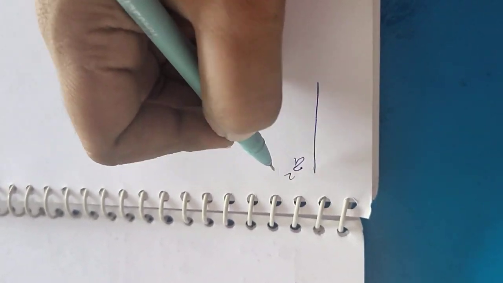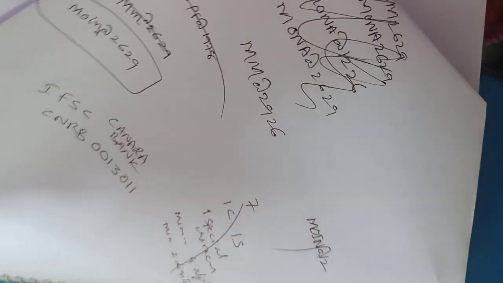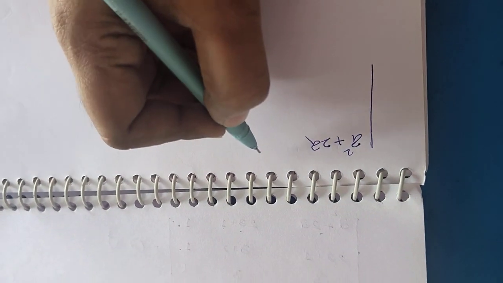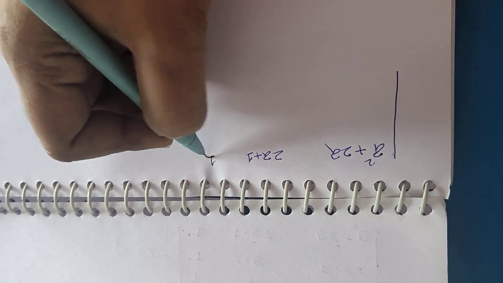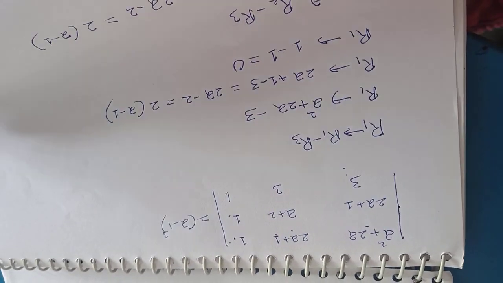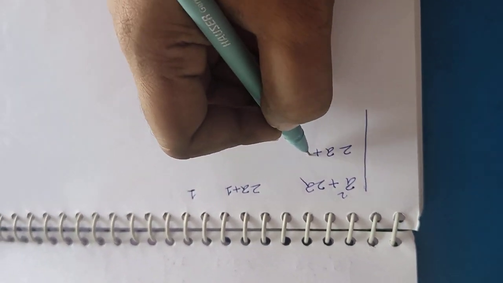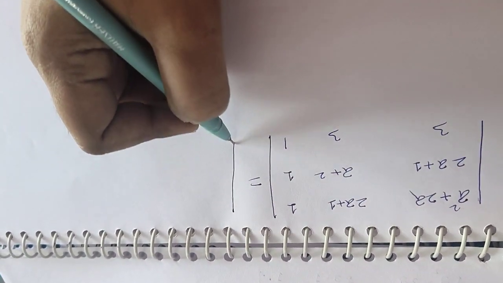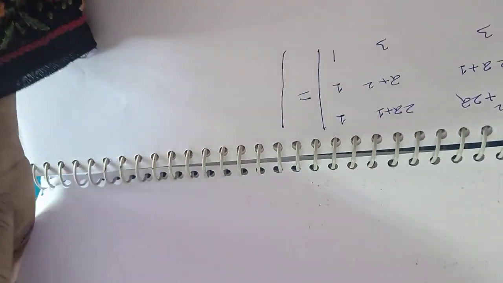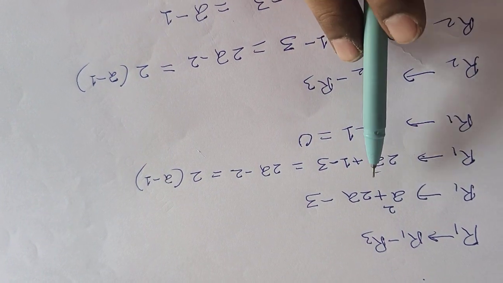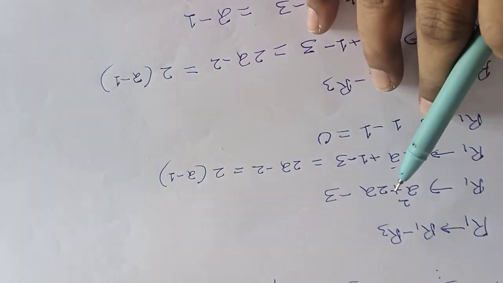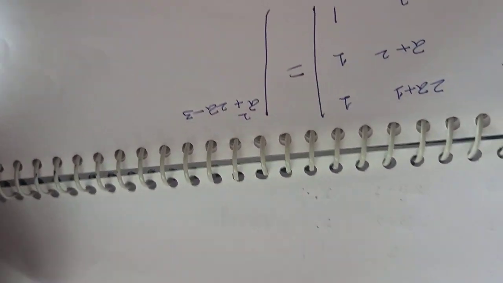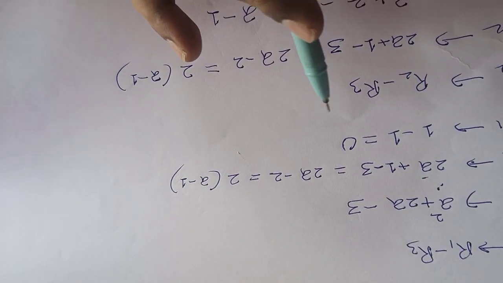This is our question: |a² + 2a, 2a + 1, 1; 2a + 1, a + 2, 1; 3, 3, 1| is equal to, in the first row, a² + 2a − 3, second term 2(a − 1), third term 0.